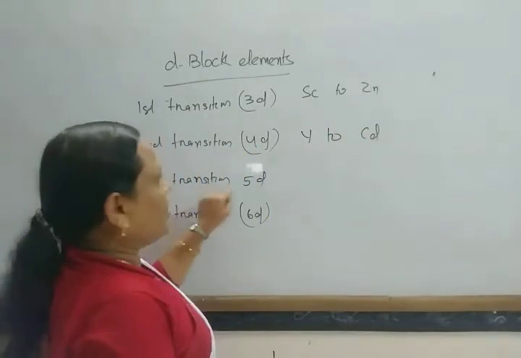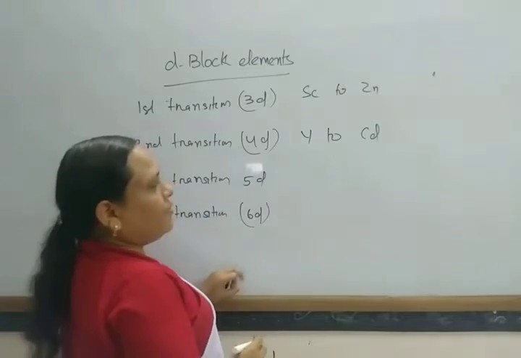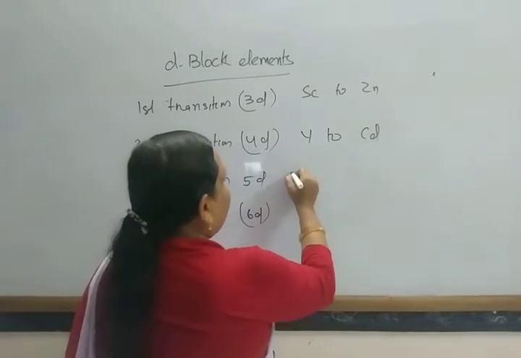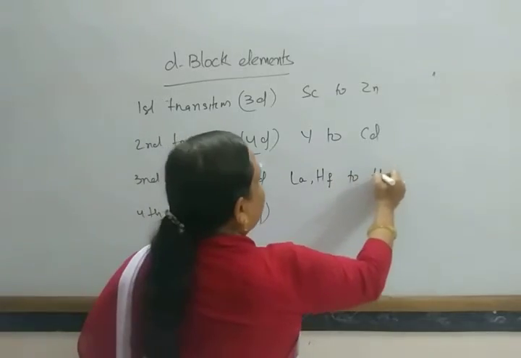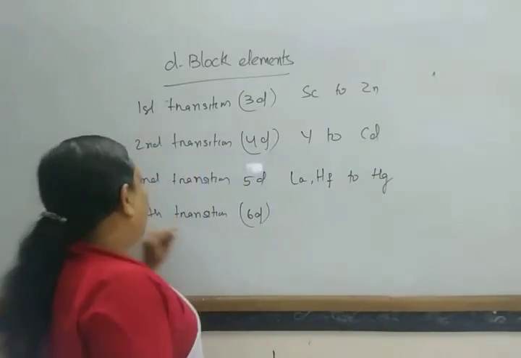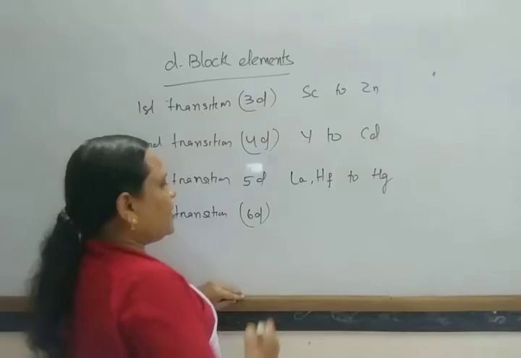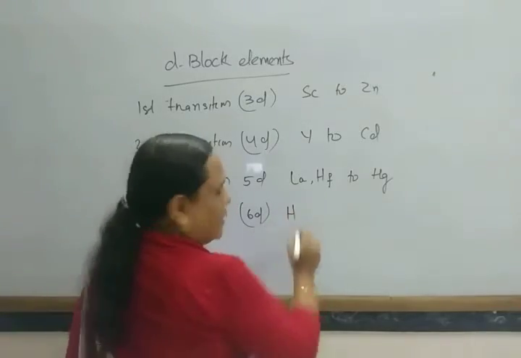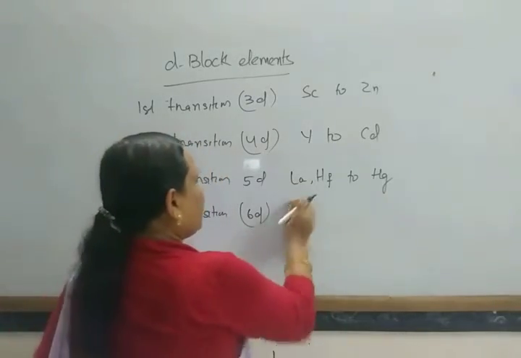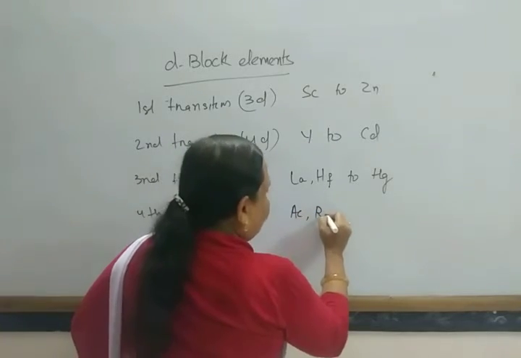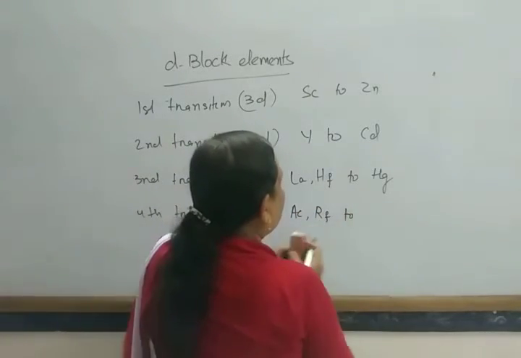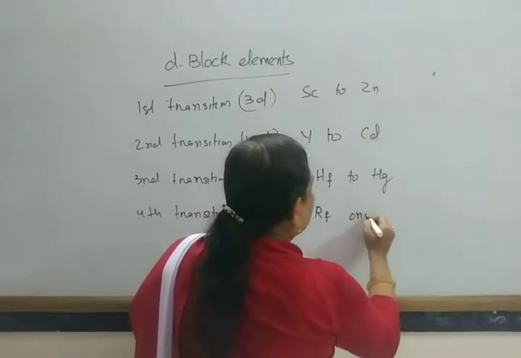And the third transition series consists of 10 elements: first lanthanum, then hafnium to mercury. And the fourth transition series consists of one element, that is actinium, then rutherfordium, and onwards.